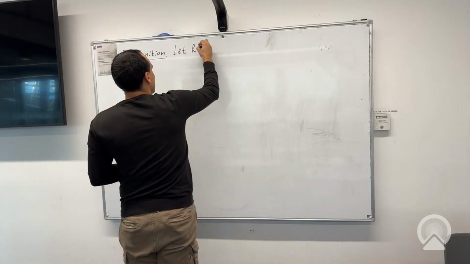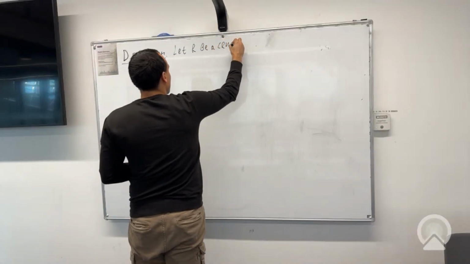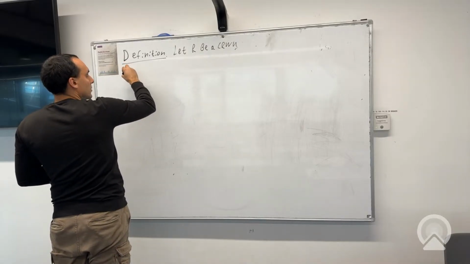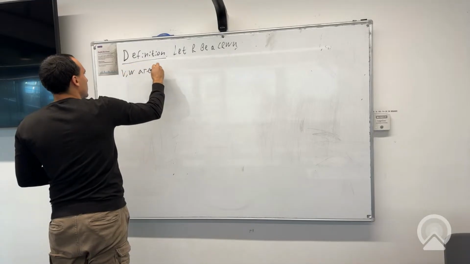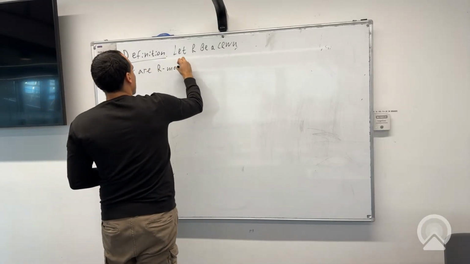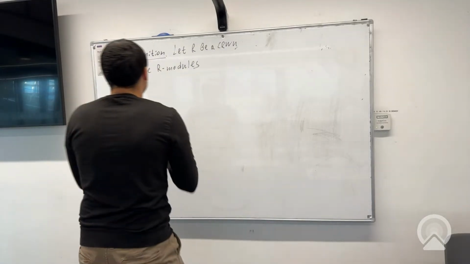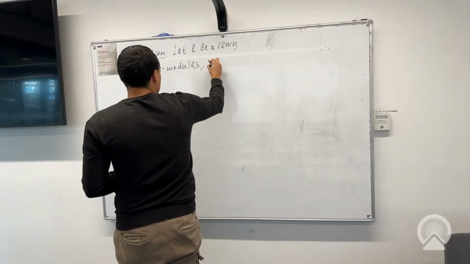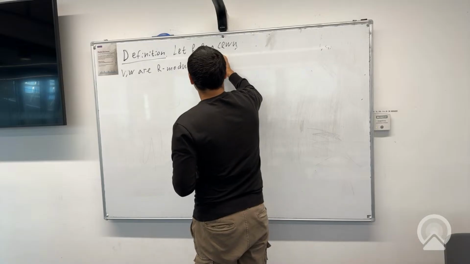Start with a commutative ring with unity, and V, W R modules, and F, let me write F, doesn't matter.